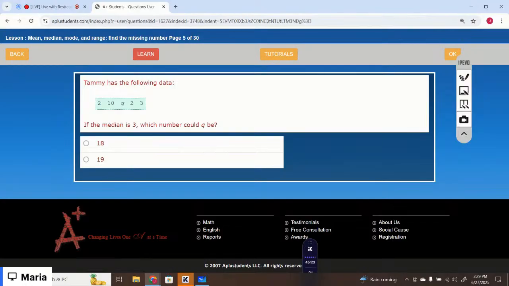And after the 3, you have all the numbers that are greater than 3. So it could be 18 or 19.